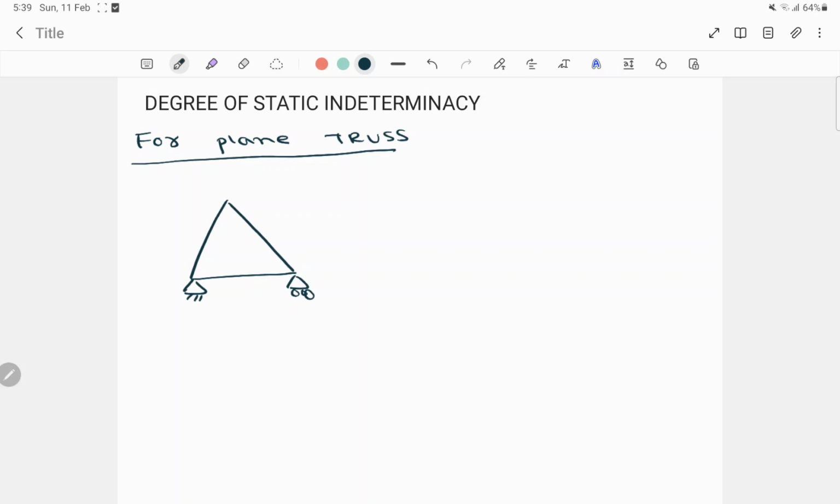Here each member has its internal forces, like this, and like this. Either it can be a compression or it can be a tension. Each member has its internal forces.